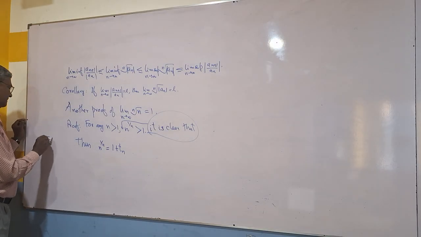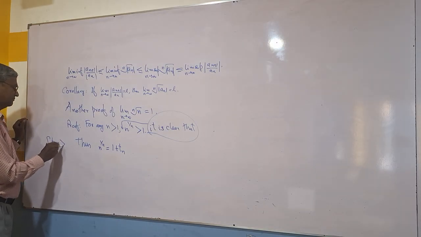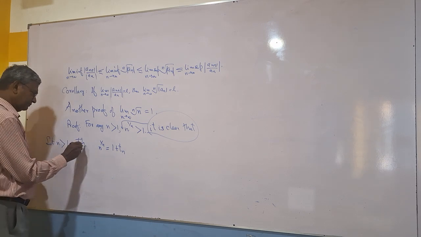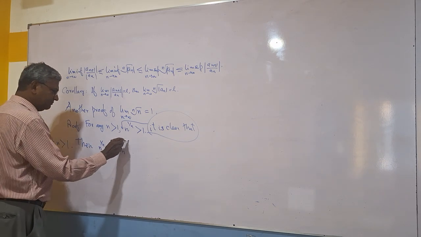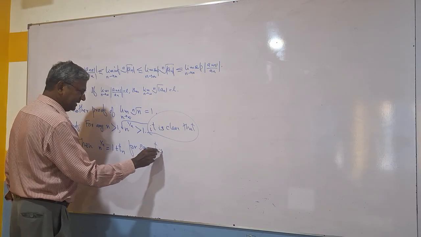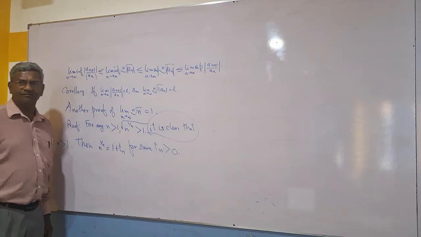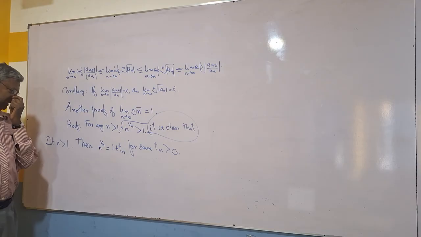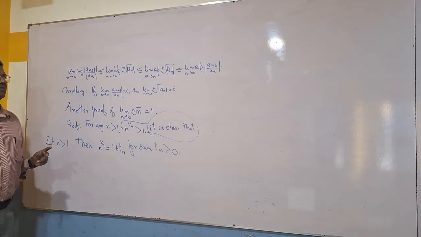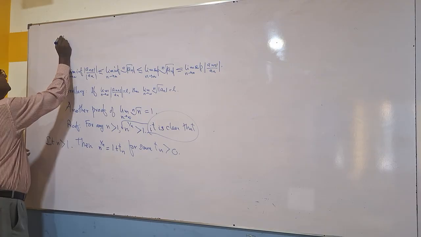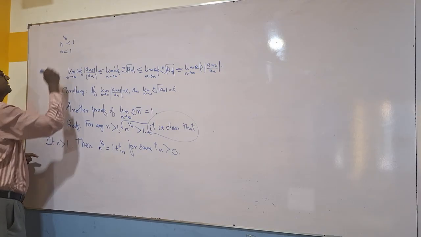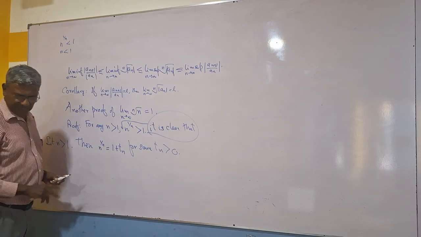Let n be greater than 1, then for some t_n greater than 0. When n is greater than 1, n to the 1 over n cannot be less than 1, because if by any chance n to the 1 over n were less than 1, then taking the nth power, you would get n less than 1. So it's not.